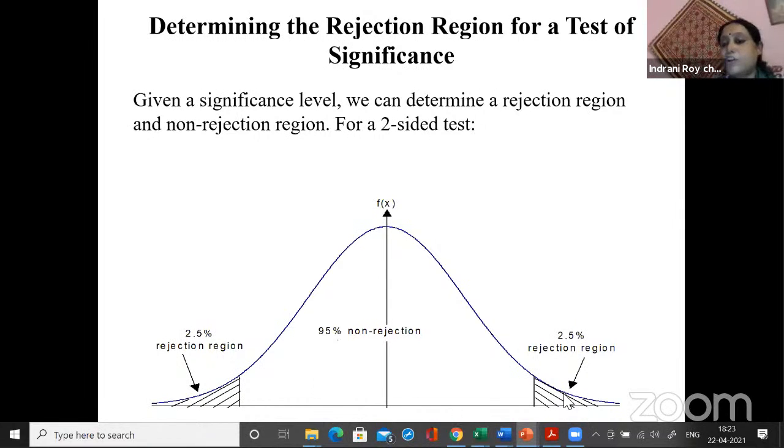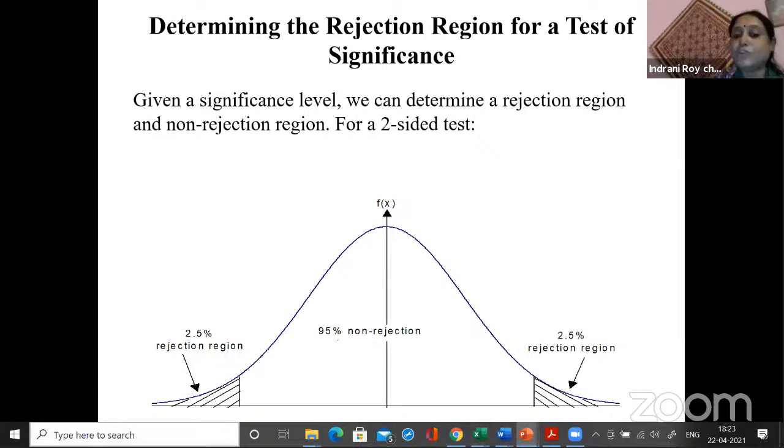And your critical region, suppose your level of significance alpha is equal to 5%. So 5% means that you are rejecting the null hypothesis at 5% level of significance, which means that the critical region on which your null hypothesis gets rejected is only 5%.